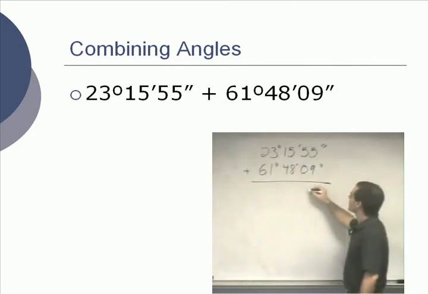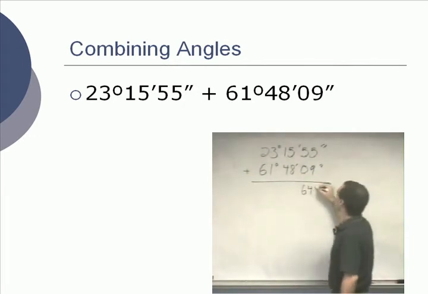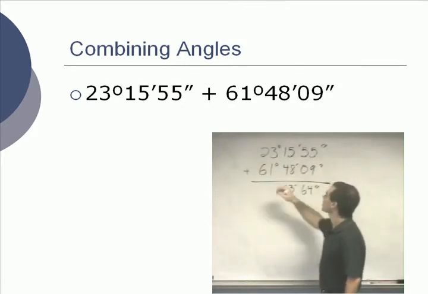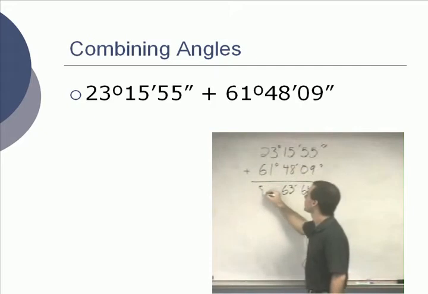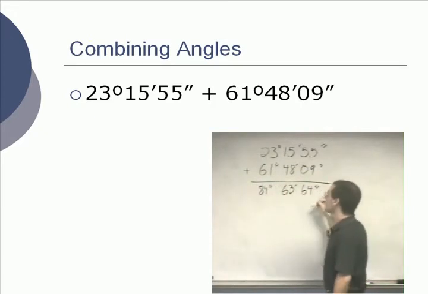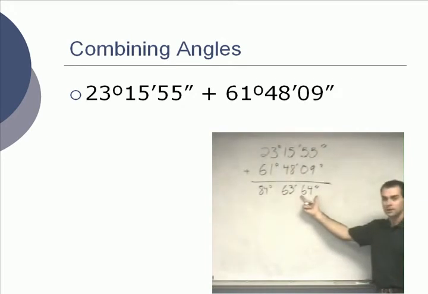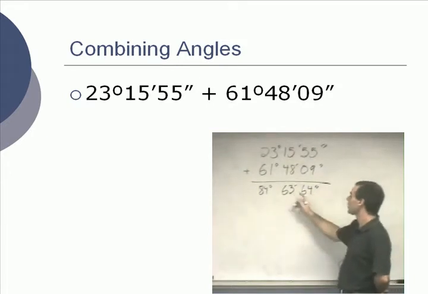Add them up and we've got 64 seconds. 15 and 48 is 63 minutes. 23 and 61 is 84 degrees. Well, that's the total, but it certainly isn't right because the first problem here is 64 seconds. So we can make how many minutes out of this? We can take another minute over here, and that leaves us with 4 seconds.